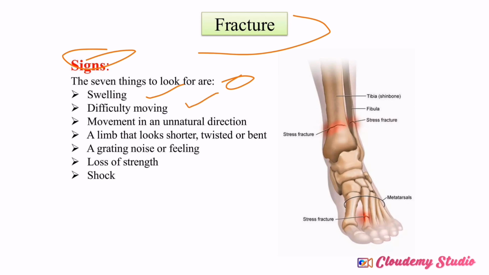Once you tell the patient or the casualty to try to move the right leg, the one that has been broken or is paining, and you find that the patient is failing to lift the leg, you'll be able to tell that there is a fracture. Then number 3, movement in an unnatural direction.